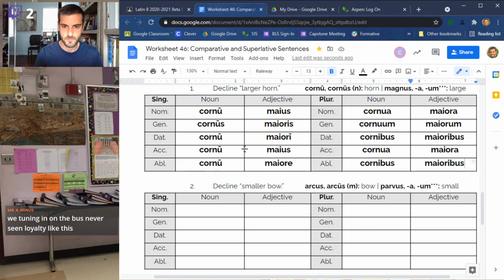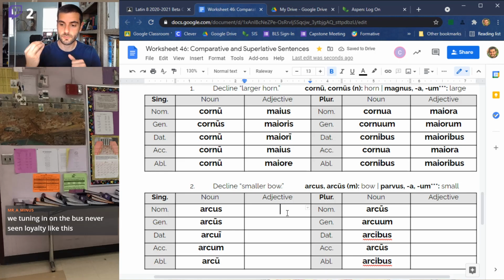Oh, that's me moving around on there. Okay, you guys can see that. Smaller bow, arcus, arcus, so another fourth declension noun, but this one is sort of the normal pattern, the masculine feminine pattern. Arcus, arcus, arcui, arcum, and arcu. And the plural, arcus, arcuum, arcibus, arcus, and arcibus.